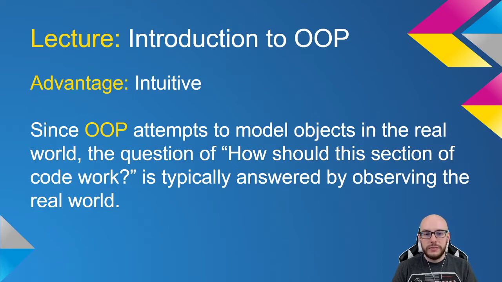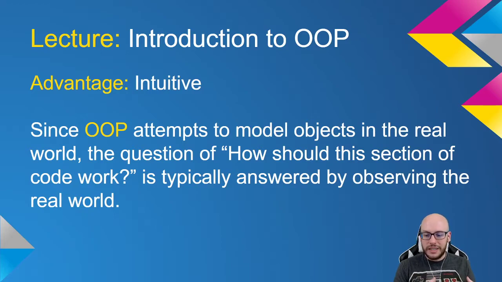OOP is intuitive. The whole idea behind object-oriented programming is just to model the real world as closely as possible. And so when you get deep in the weeds and you want to know how should this section of code actually work, what is the relationship between these segments, these multiple classes, it's typically answered by just observing the real world.